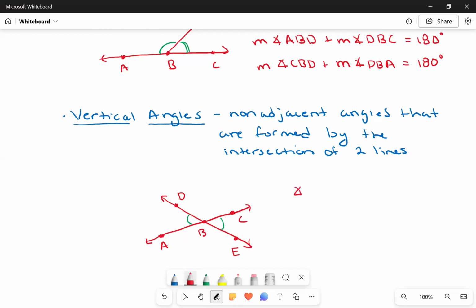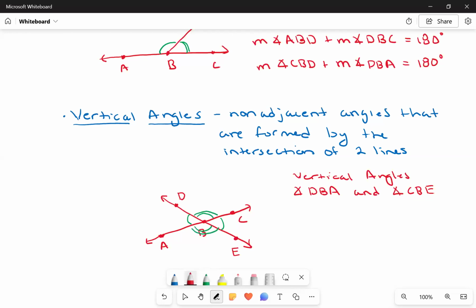So angle DBA and angle CBE, those are the vertical angles. There is another set of vertical angles sitting here, though. I hope we see that. It's the obtuse ones. This one here and this one here.